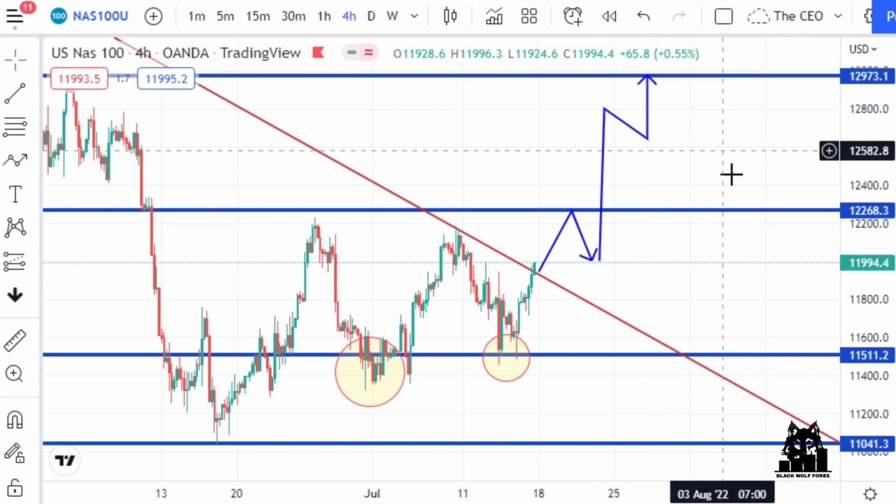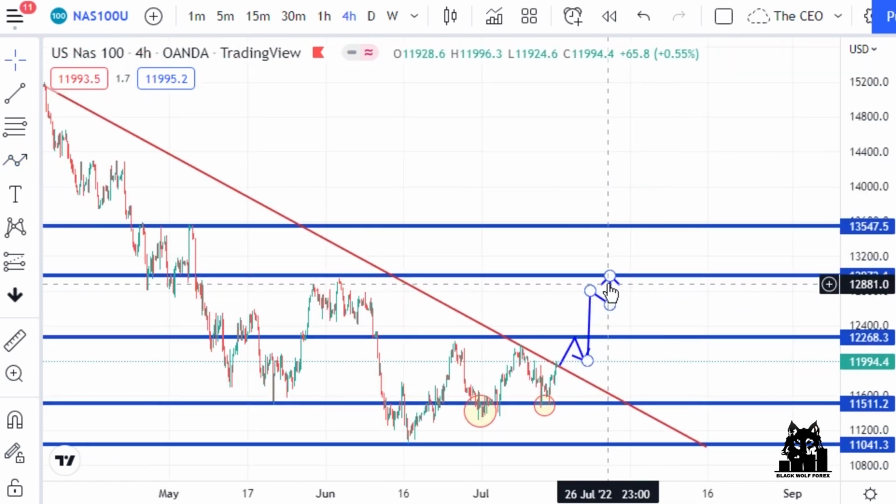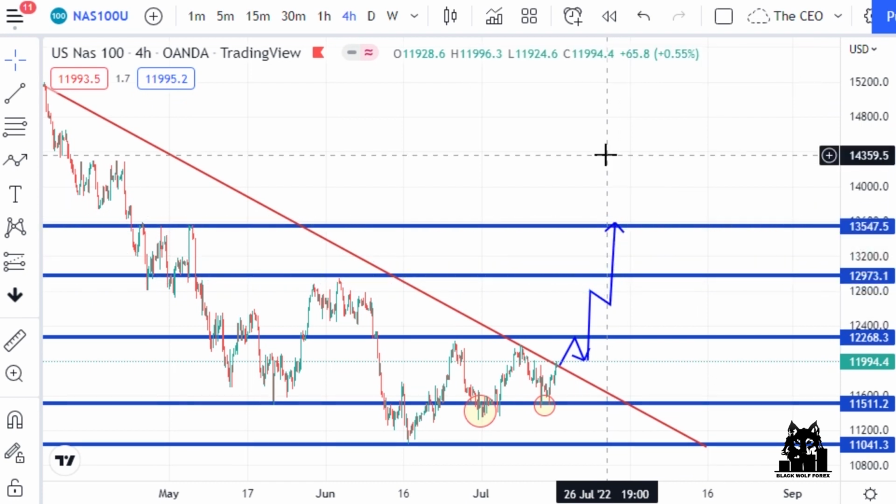Because if you've been paying attention to NASDAQ lately, it's been moving with levels. It's been respecting levels very much. It goes from this level to the previous one.